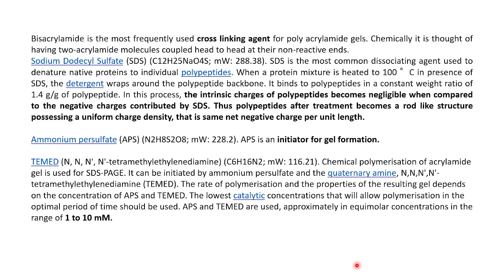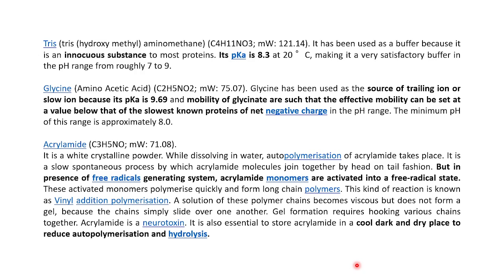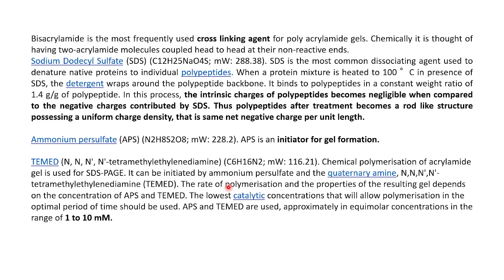But who initiates this gel formation? For that, we have the ammonium persulfate, or the APS. That's an initiator for the gel formation. What does it initiate? Like I was telling, in the presence of free radicals, the polymerization process just speeds up.